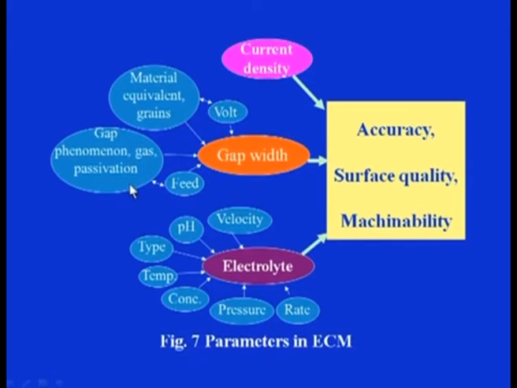We will discuss what passivation is here. Then the electrolyte system. In that there are other variables, like the velocity, pH value of the electrolyte, that is the type, temperature, concentration, pressure at which it is kept flowing, and then the rate at which it is flowing.